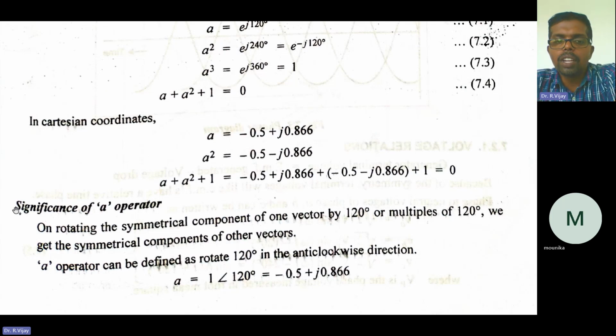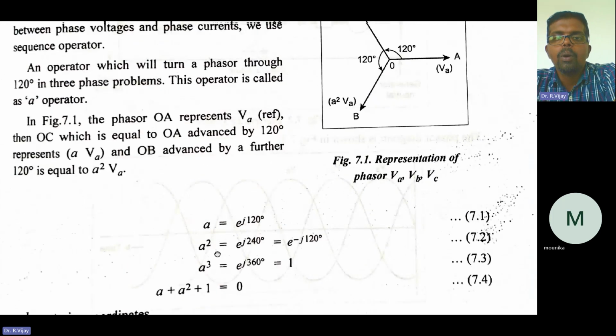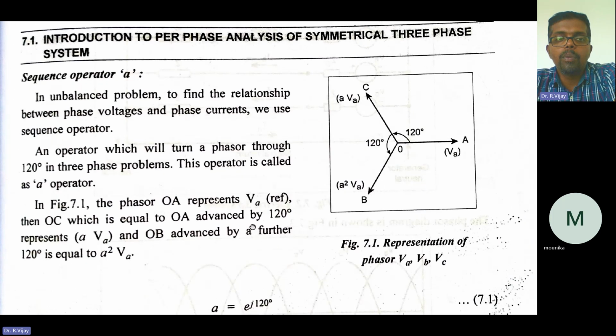The significance of the A operator is an important 2-mark question. They may ask why we mention the sequence operator A, or why we maintain only one operator, why we go for a common operator. So in the significance you can write this also.